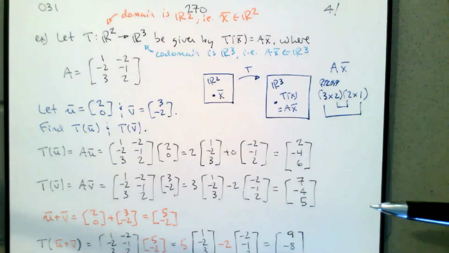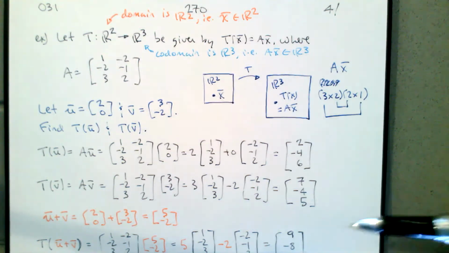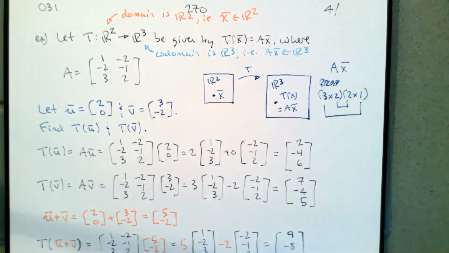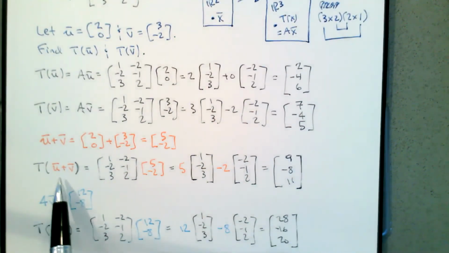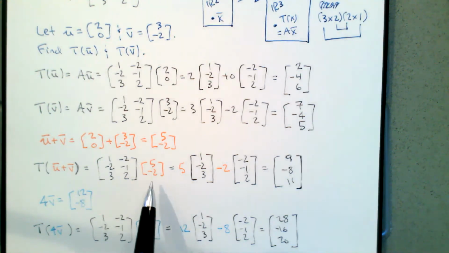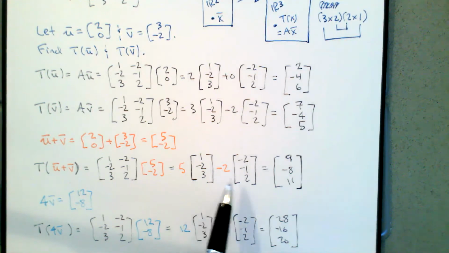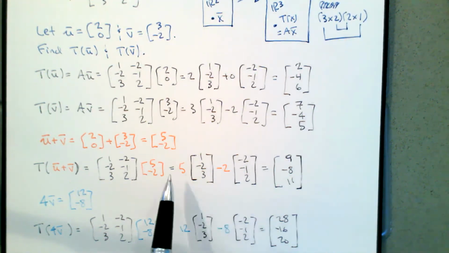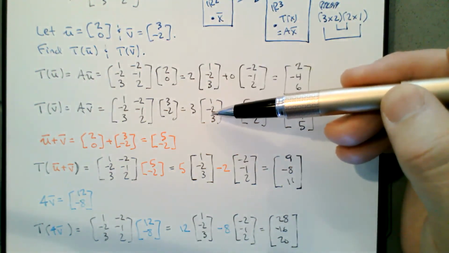We should verify that this matrix multiplication is going to respect vector addition and scalar multiplication. So if we just add the vectors u and v, we get (5, -2). And notice that if we do T of u plus v, I want to multiply A by (5, -2). I have 5 copies of the first column of A minus 2 copies of the second column of A. These 5 copies of the first column of A are 2 from u and 3 from v.